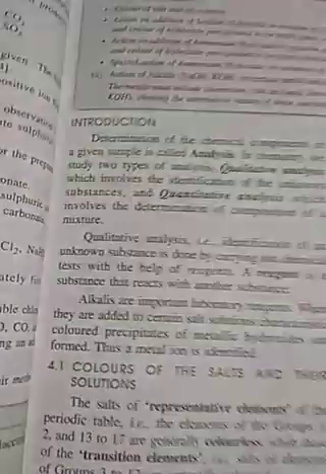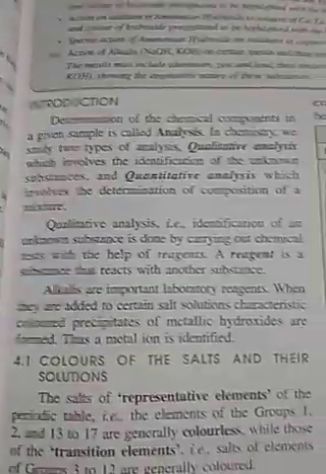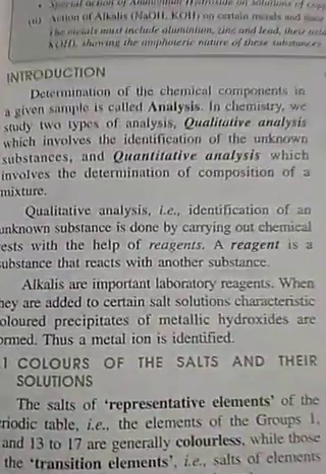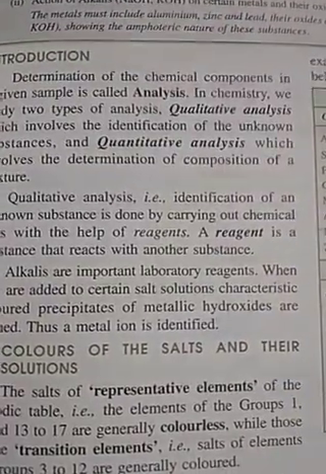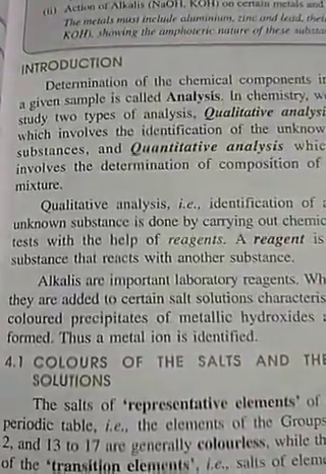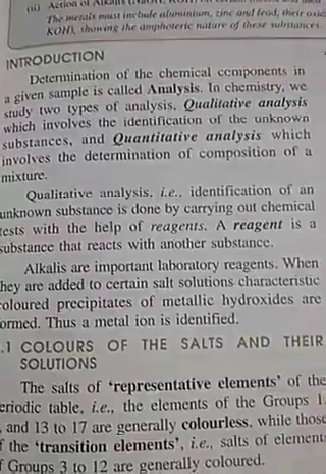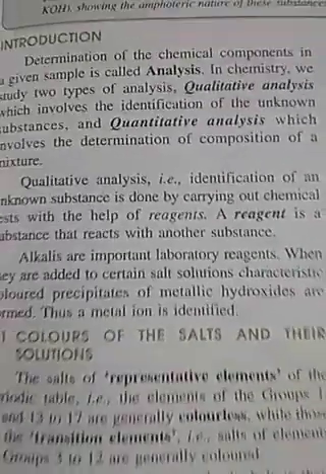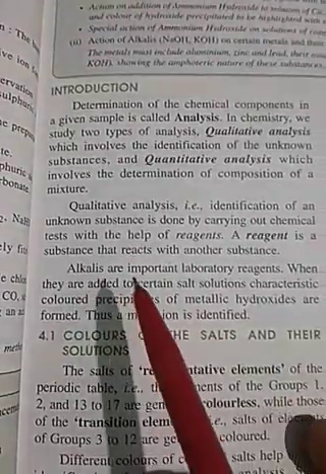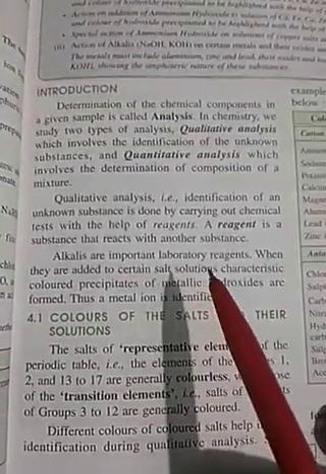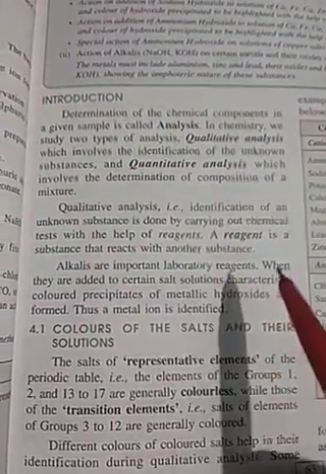For this, as I told you earlier, we use three types of chemicals. They are called reagents. They are mainly sodium hydroxide, potassium hydroxide, and ammonium hydroxide. So these alkalis are the important laboratory reagents.